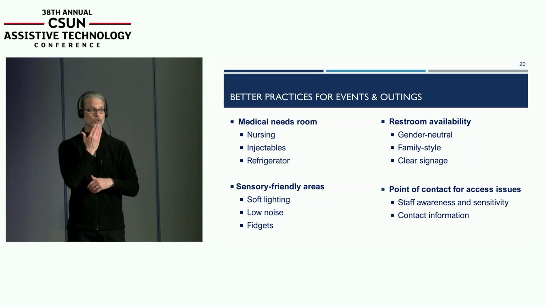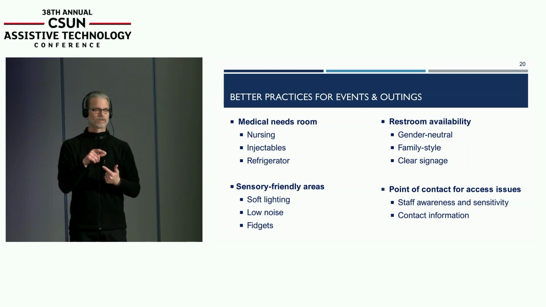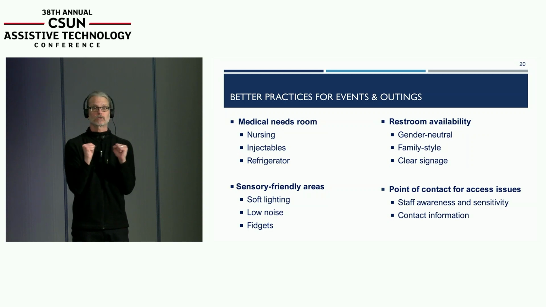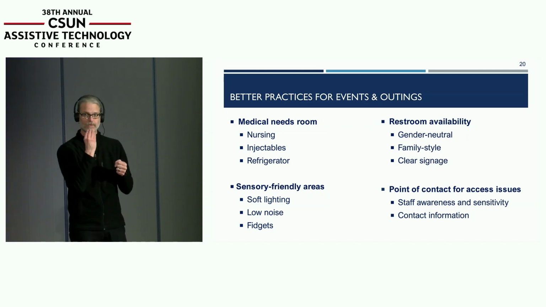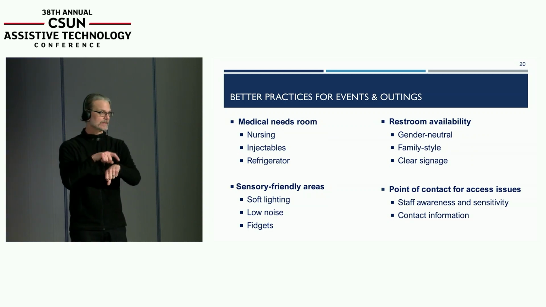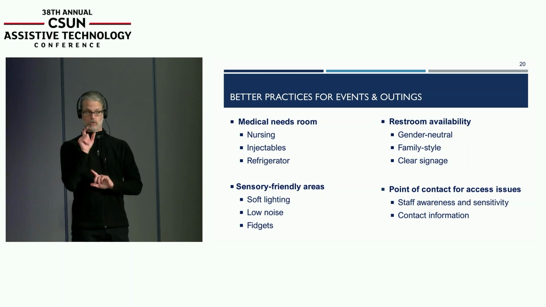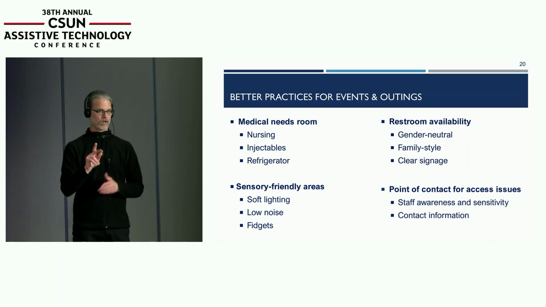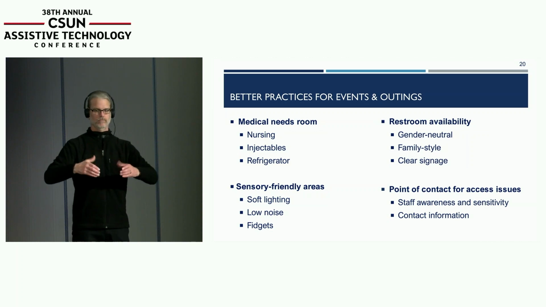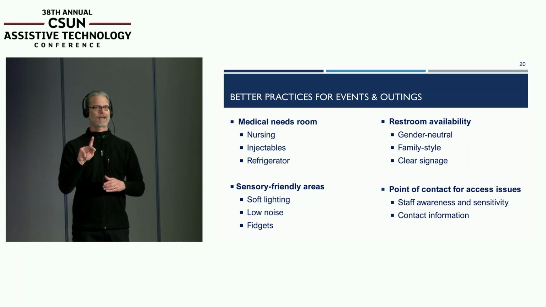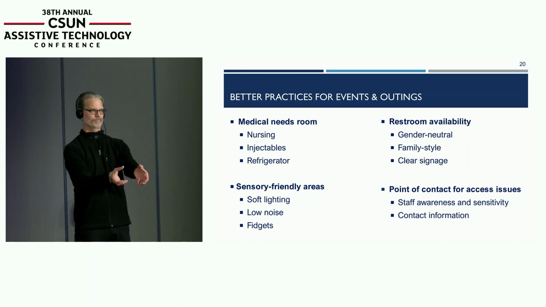And it's good if this space can have a refrigerator in case someone has to refrigerate foods that they need to eat at certain times of day, or if they need access to a refrigerator for medications. Now, I do think it's a good idea for the attendee to consider bringing a lockbox or like a bank bag that has a lock on it so that they can secure their items within a shared refrigerator.